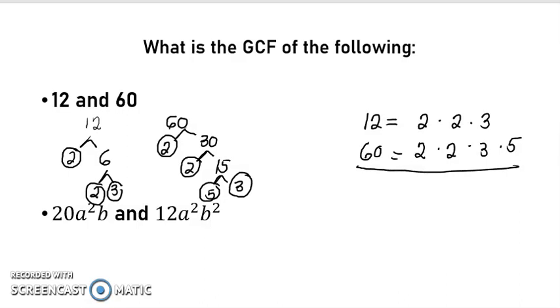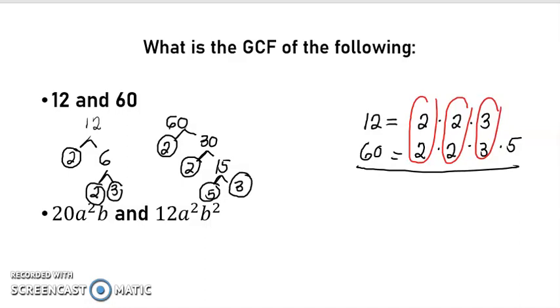Okay, so let's get now the GCF. Again, GCF meaning greatest common factor. So we need to get the common factors of these two numbers. So we have 2 times 2 times 3.